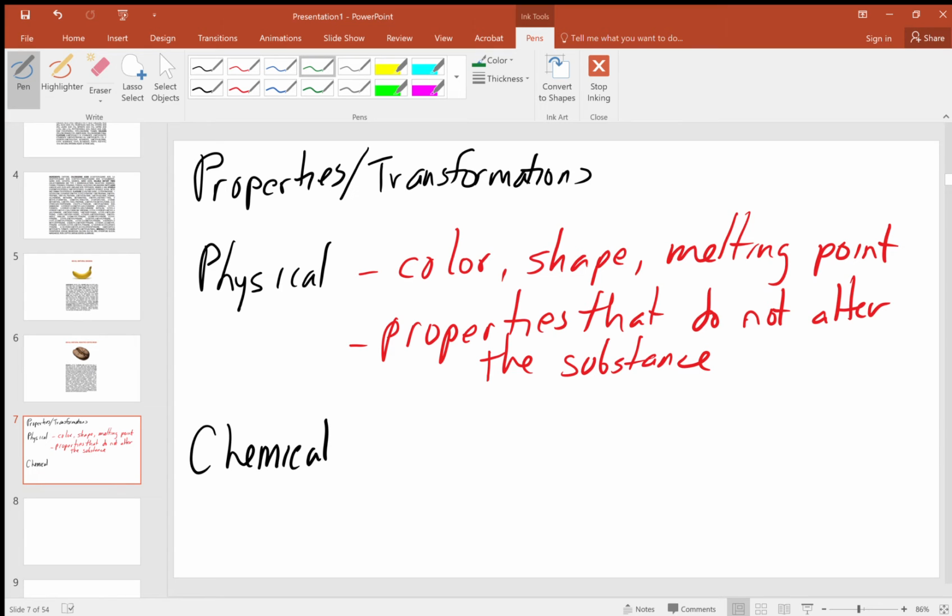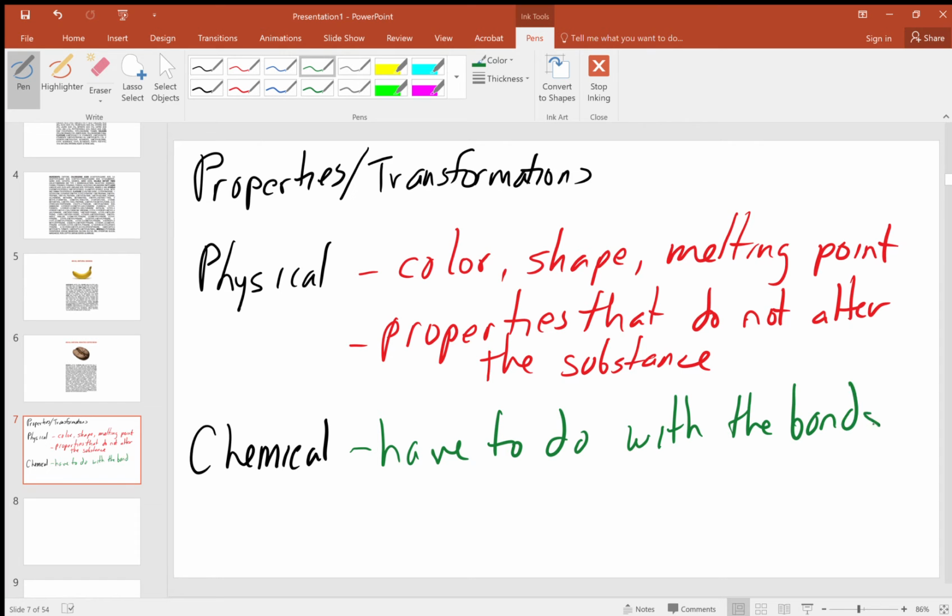Chemical properties or chemical transformations have to do with the actual bonds within a molecule.